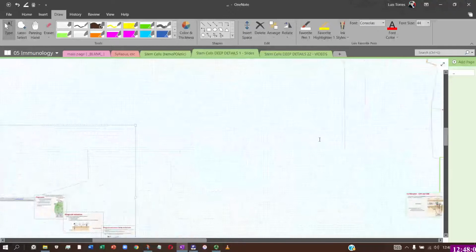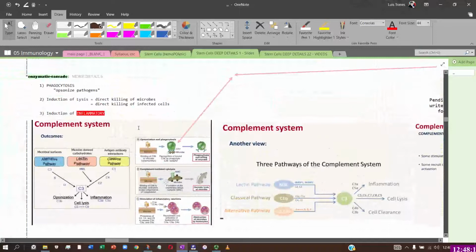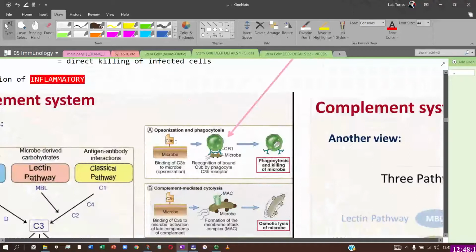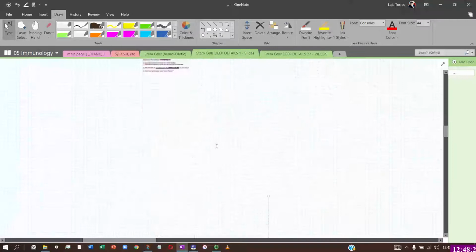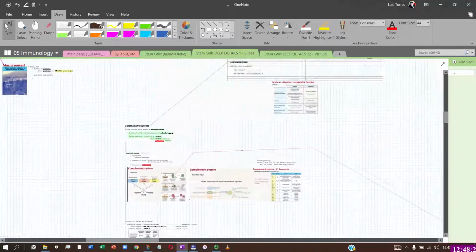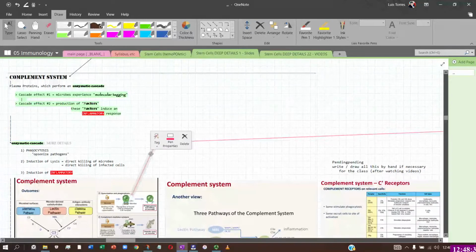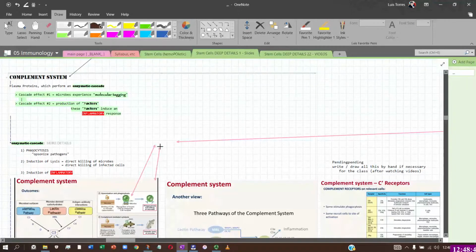There we go. So then we'll move this pink arrow. And this is relevant because this part right here talks about opsonization and phagocytosis. So let's make that connection go that way instead. This is, I think, how we'll do it. And this will play well with the theme of keeping things to the left, and be able to better avoid confusion.